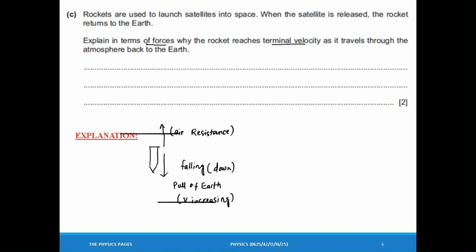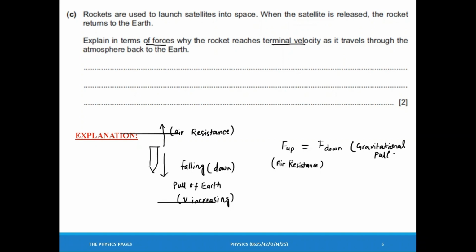So there is a moment when the upward force becomes equal to the downward force. As I mentioned, upward force is the drag force or air resistance, and the downward force is the force of gravity, so you can say gravitational pull. So both of these forces become equal.